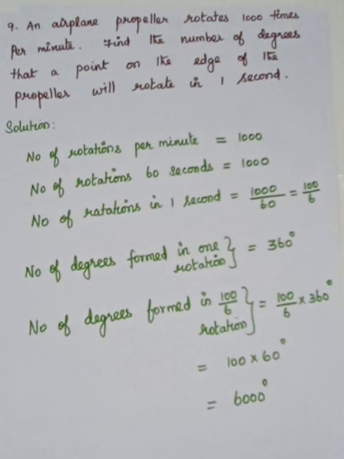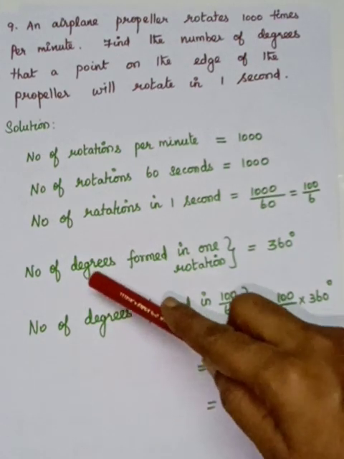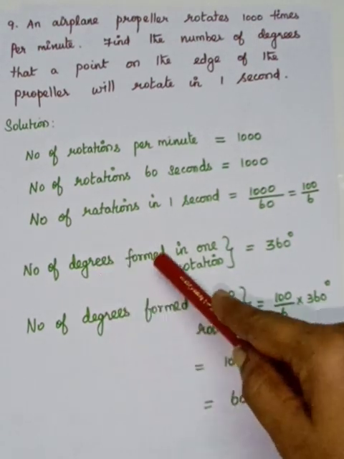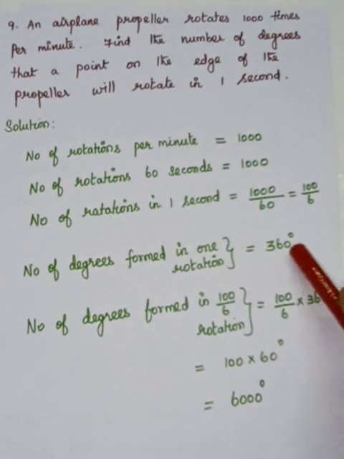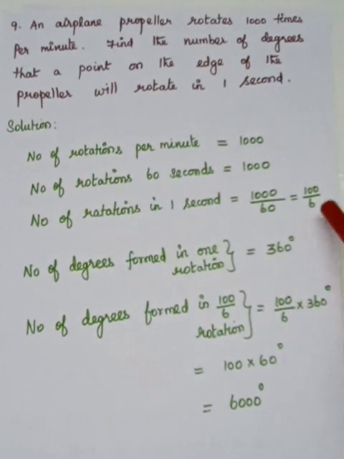Okay, you see that for one rotation, what is the degree made at the center? It is 360 degree. You know very well. One full complete rotation over, in terms of degree, the angle made at the center is 360 degree. So you see that the number of degrees formed in one rotation is 360 degree. Here how much rotation is taken in 1 second? 100 by 6.